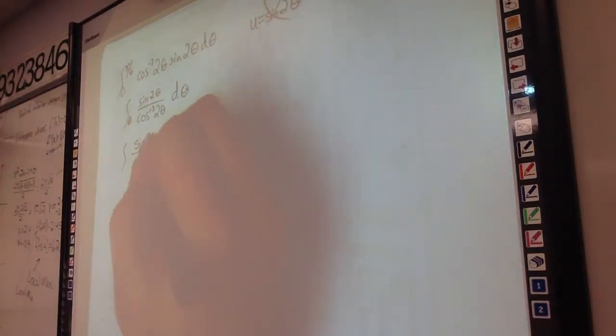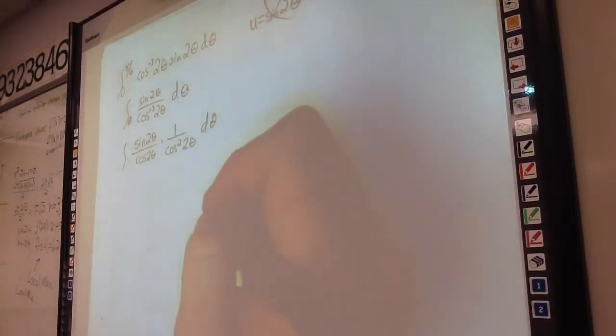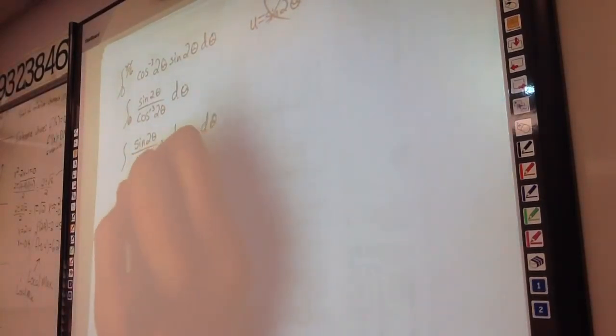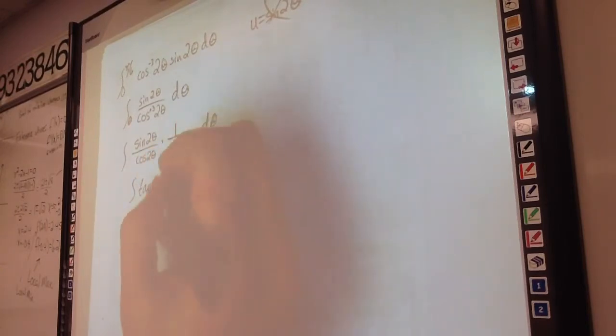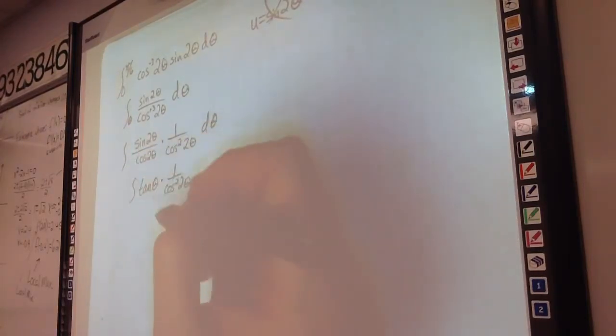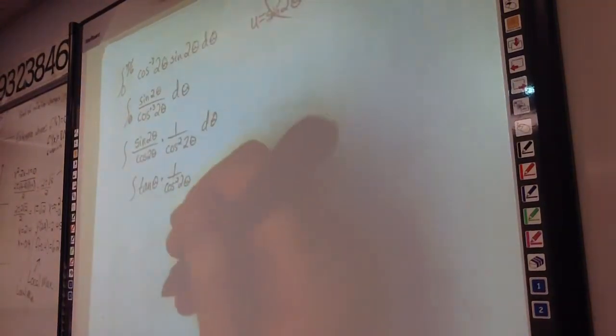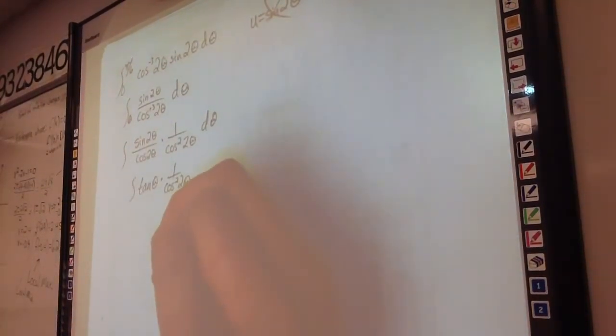And this is tangent of theta. See, I would never be able to do this by myself. Times 1 over cos squared of 2 theta. I wasn't just trying this, I was thinking way ahead. Then you have tangent, kind of just doing it in your head.